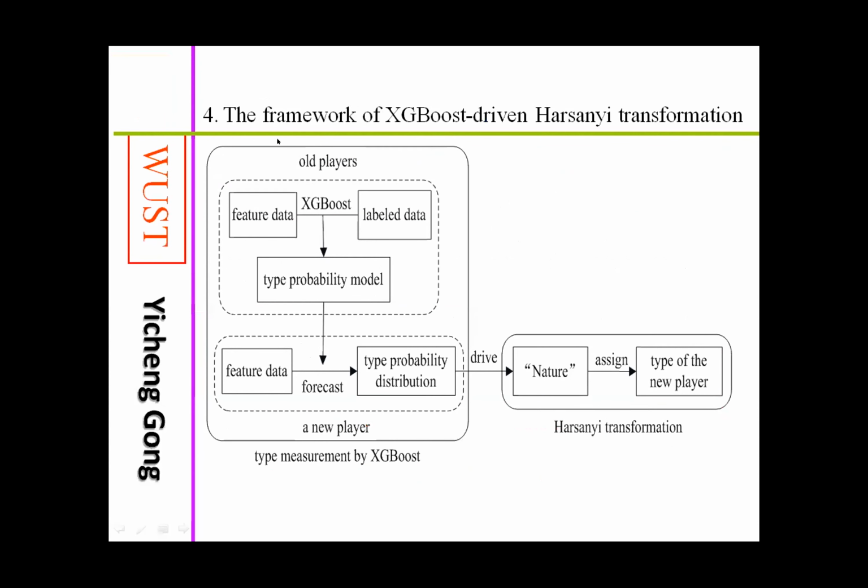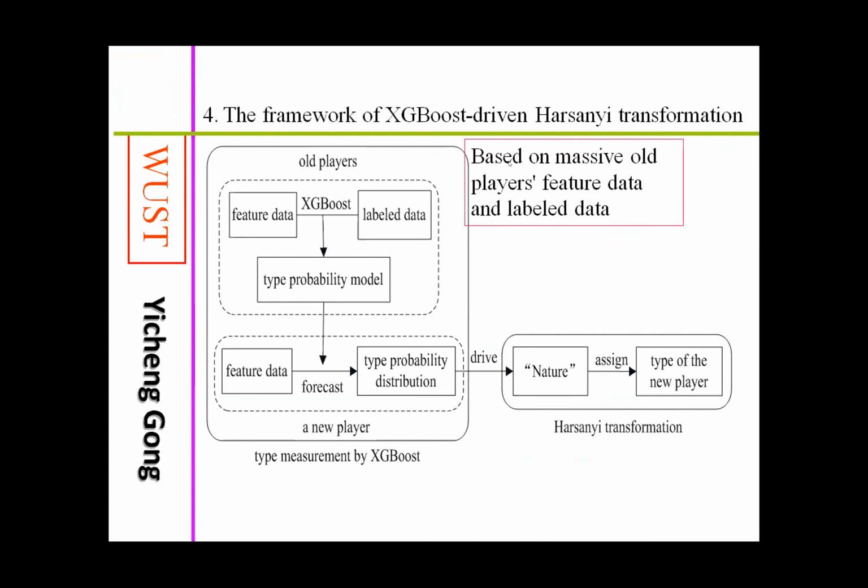Okay, this is the framework of our work. First, based on massive old players' feature data. For old players, we can get the feature data and also the neighborhood data, that is, his credit label.